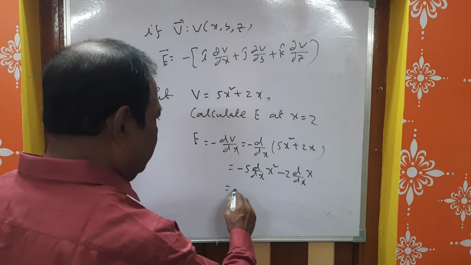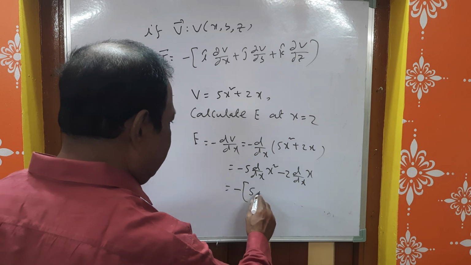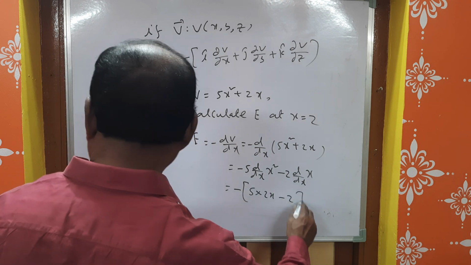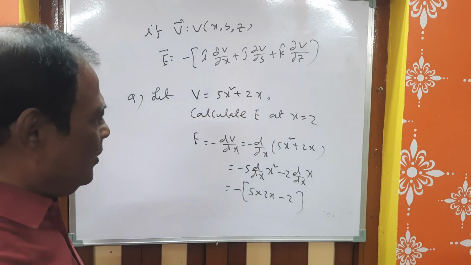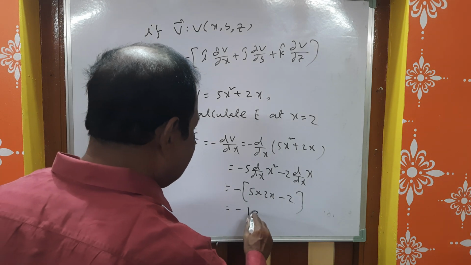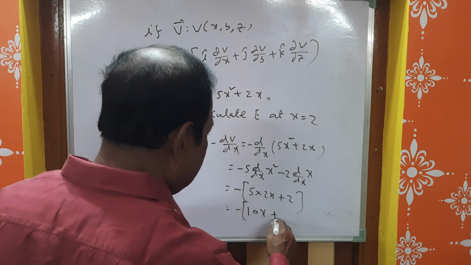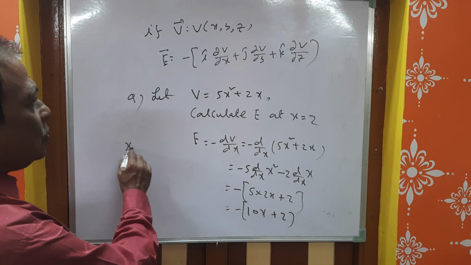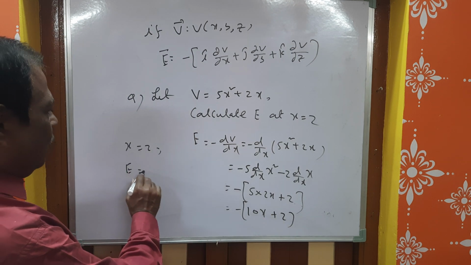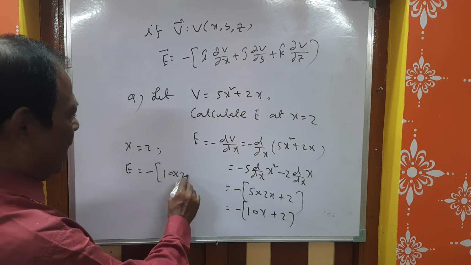That is minus 5 into 2x minus 2. That is minus 10x minus 2. For x equal to 2, then E is equal to minus 10 into 2 minus 2.